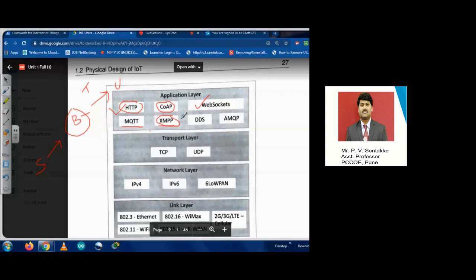This XMPP protocol is capable of exchanging data chunks, XML data chunks I am talking about, in a client to server kind of communication, from source to destination. Certain XML data chunks can be transmitted and effectively utilized for sending data for different applications.